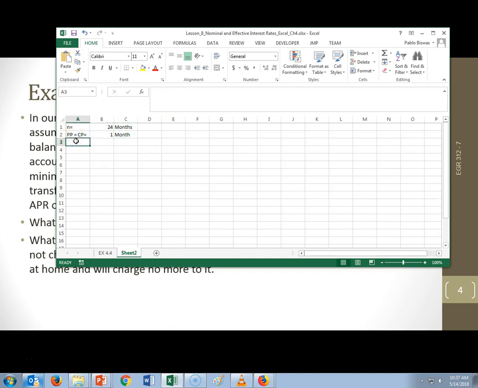Alright, so the monthly rate will be I equal to what is given to us. Put in the number, I is 14.24. See this problem that I did.